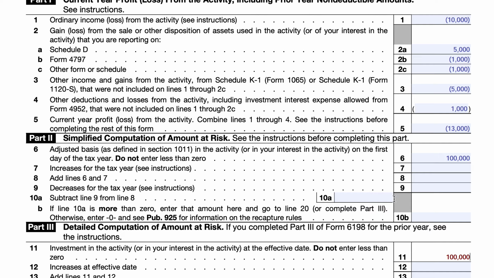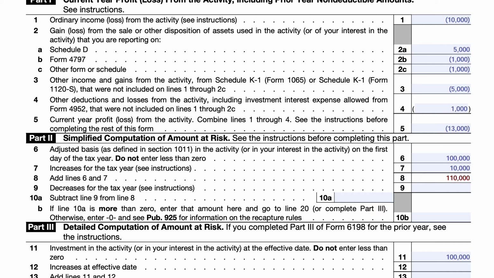So those are all increases for the tax year. Let's just say that we had $10,000 of increases. We're going to add lines 6 and 7, and we get $110,000.